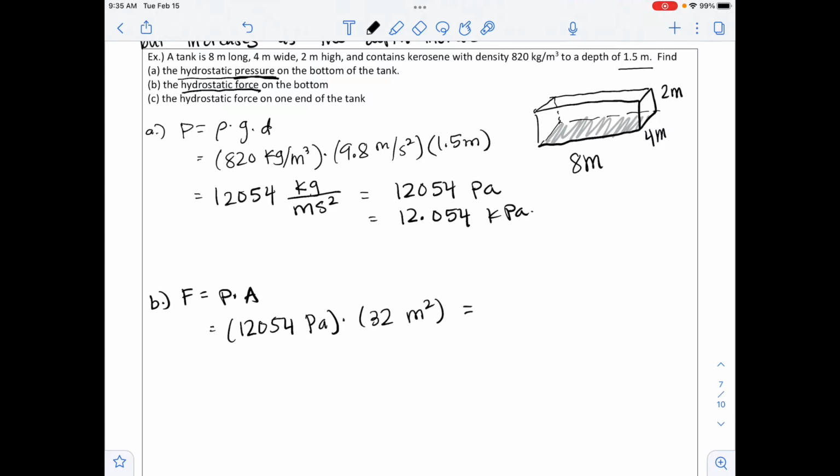Multiplying this out, and again remember pascals, the units are written up above, we are going to get 3.86 times 10 to the 5th. The units, when you simplify those, are going to be kilograms times meters per second squared. We had written up above that by definition this is equal to a Newton, so this would be equal to 3.86 times 10 to the 5th newtons.